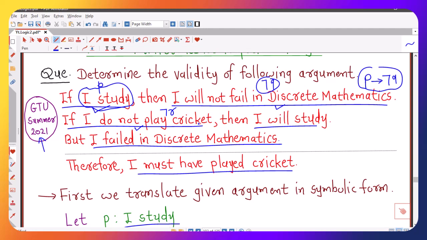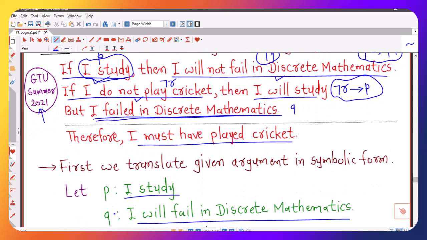Second is if I do not play cricket. I play cricket is denoted by r, therefore I do not play cricket is denoted by negation r, and then I will study. I study is denoted by p, so this premise in symbolic form is negation r implies p. I failed in discrete mathematics, so that is nothing but small q.